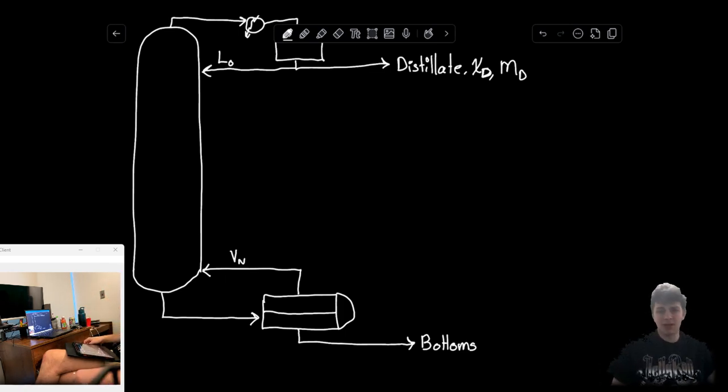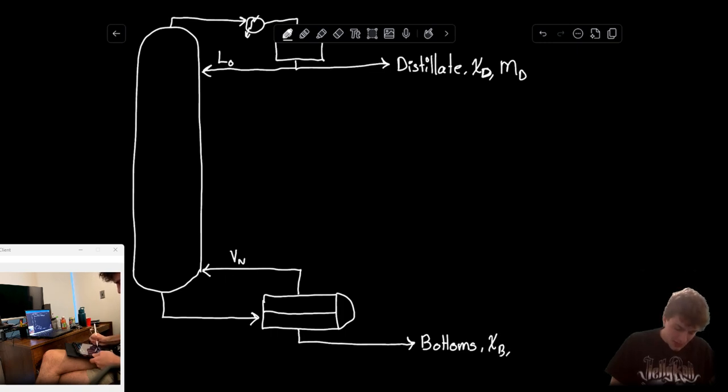You may want to pull out something with an intermediate boiling point, and you may want that to be a little bit purer than some of the other things you're not as worried about. That's a little niche, though. We don't have to worry about that for this problem. Again, this is the bottoms product, so we'll quantify this as XB and MB here.